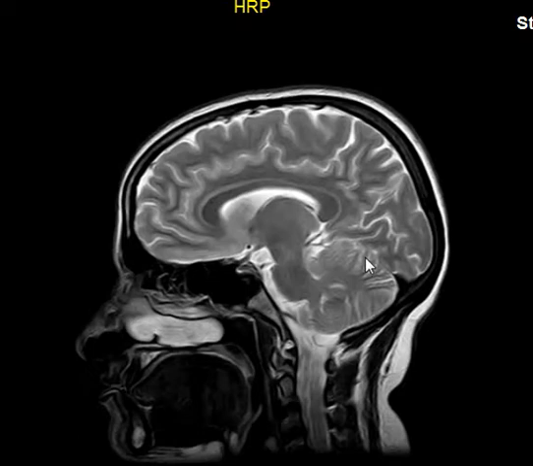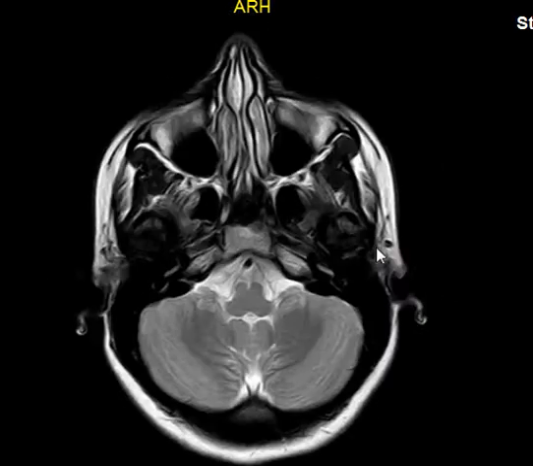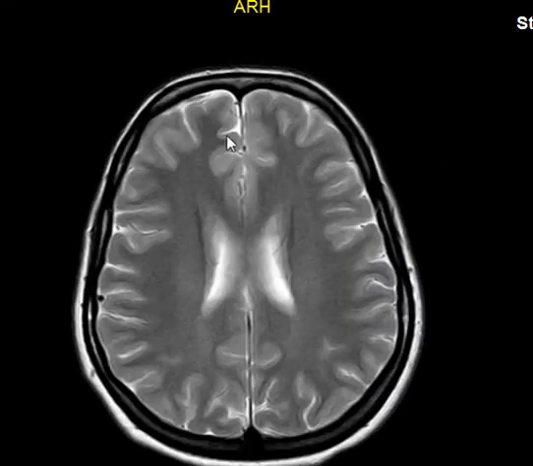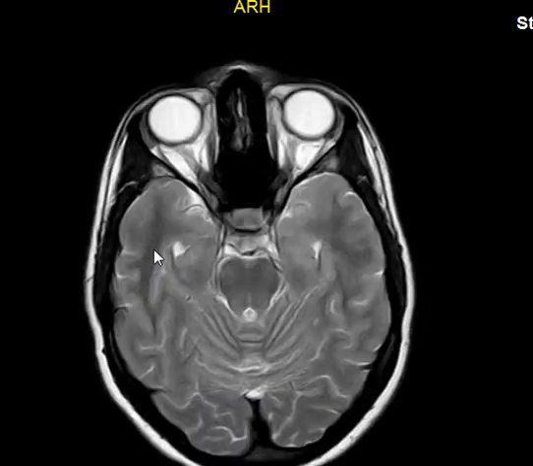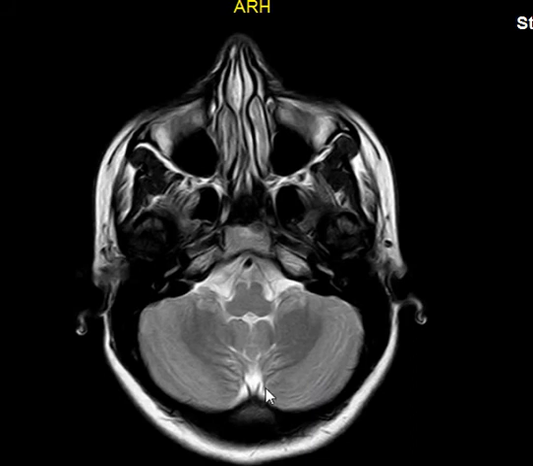So the tentorium cerebelli separates the intracranial compartment into supratentorial and infratentorial, the falx cerebri separates the right and left cerebral hemispheres, and the falx cerebelli, this tiny thing here, separates the right and left cerebellar hemispheres. So it's like multiple different compartments.